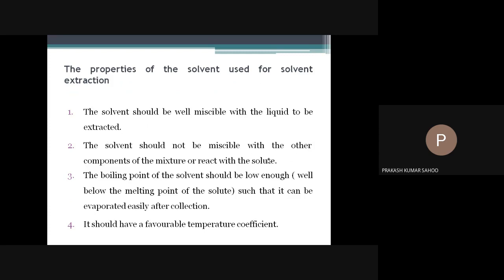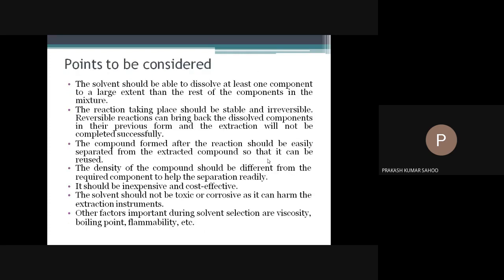So these are the properties of the solvent used for solvent extraction. That means the solvent we use must not have any chemical reaction, must not have a higher boiling point, and should have a favorable temperature coefficient.